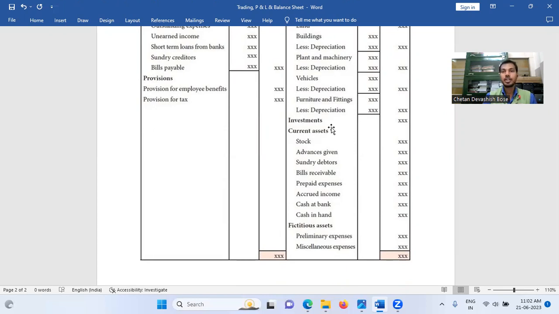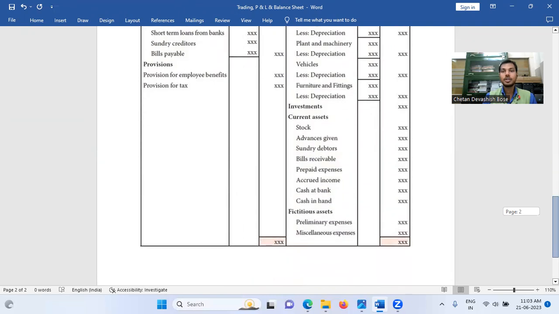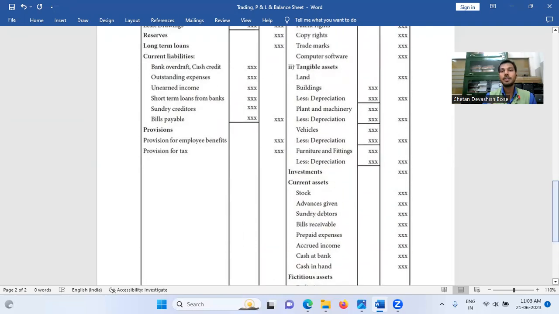Okay. Now, moving to the last thing, current asset. Current asset is also a part of asset. When I talk about current asset, how is it different from investment and fixed asset? Current assets are those assets which can be easily sold off within a year, but I cannot sell off my investment or my fixed asset easily.